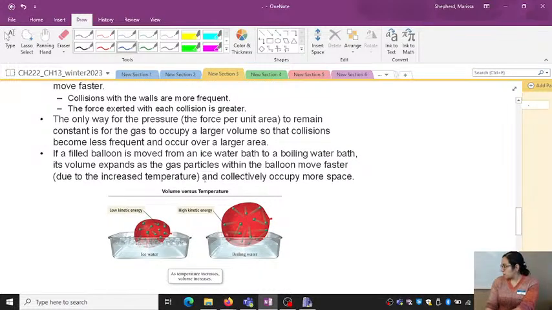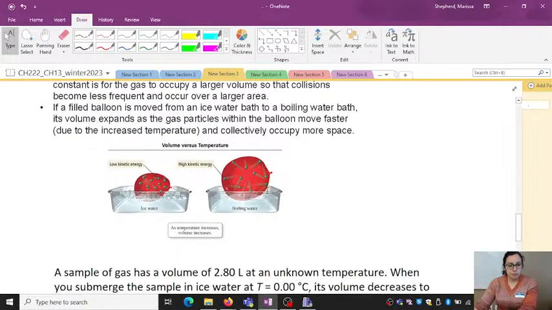You can do the opposite, and we'll do liquid nitrogen in just a second. A filled balloon is moved from an ice bath to a boiling water bath. Then we'll see the volume expands, with the particles moving faster due to increased temperature.